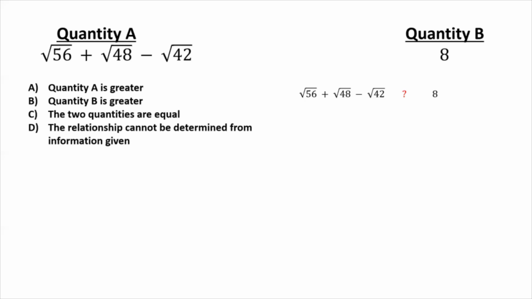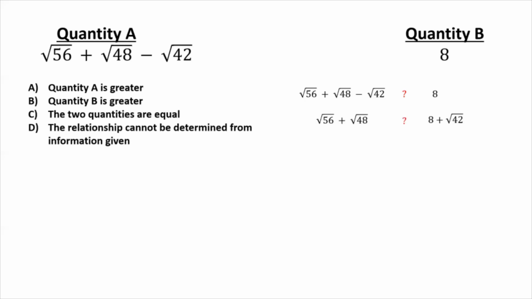So in this case, keeping those rules in mind, what we can simply do is we'll just treat this like a regular equation or an inequality, and we'll bring one of those values to the other side. In this case, root 42. So let's bring root 42 over to the right hand side, and when we do that, it will change signs.